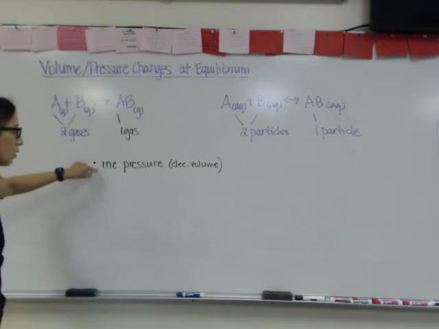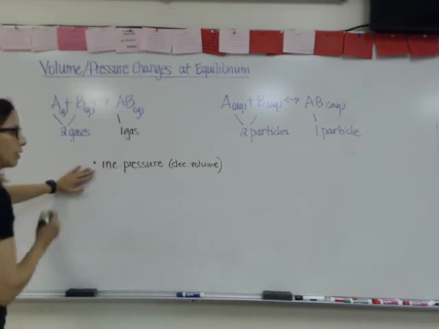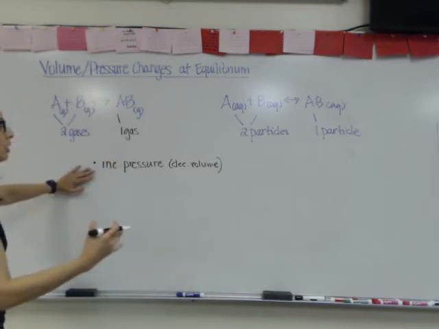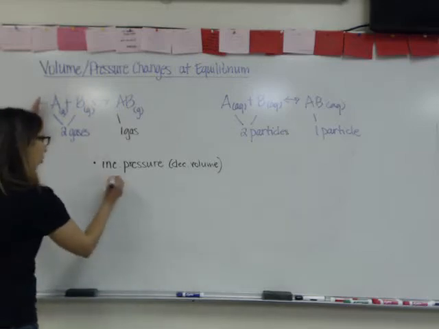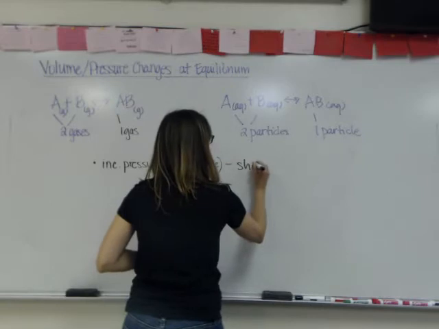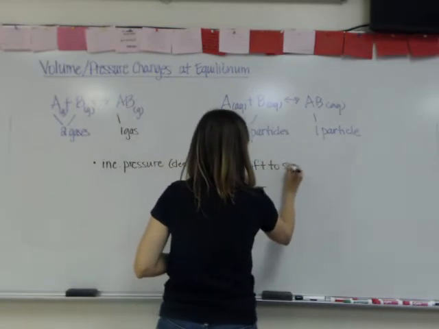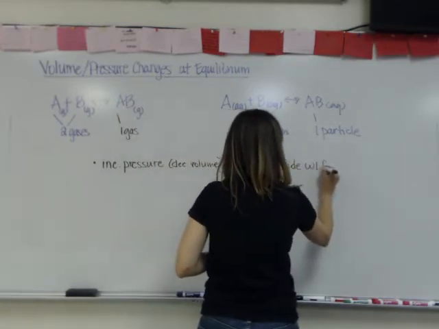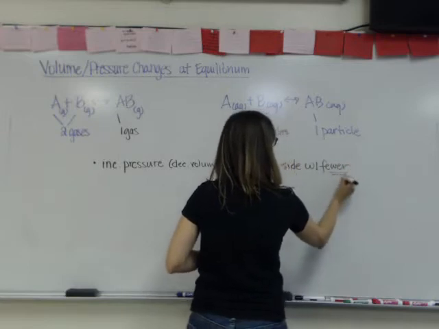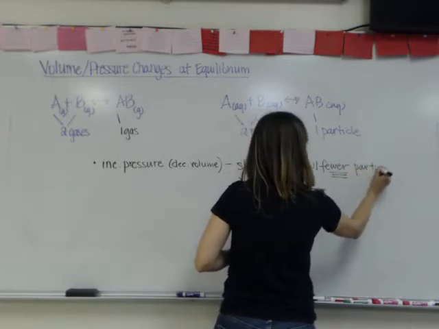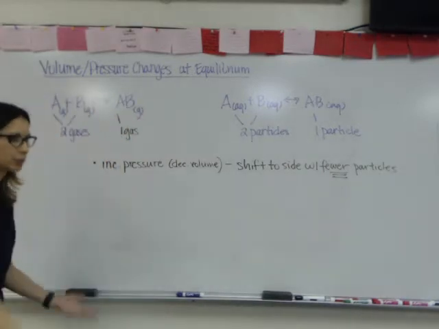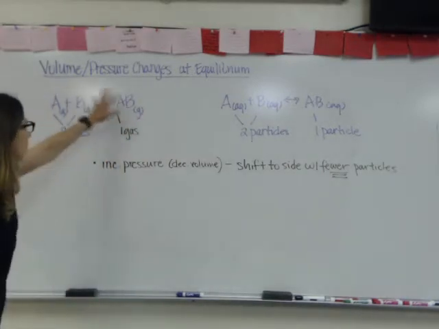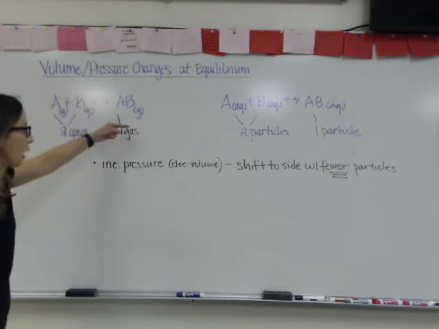Anytime you increase pressure of a system that's at equilibrium, you need to reduce some of that pressure. So in this case, you would always shift to the side with fewer particles, because that will relieve some of the pressure. So in this example, I'm going to shift to the right.